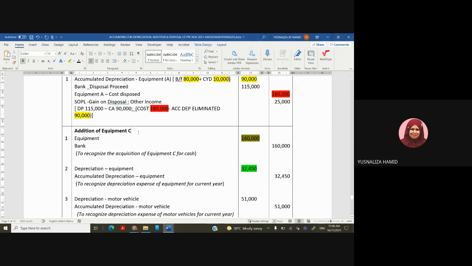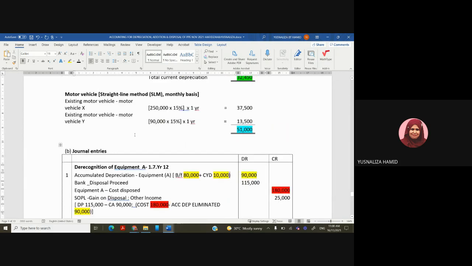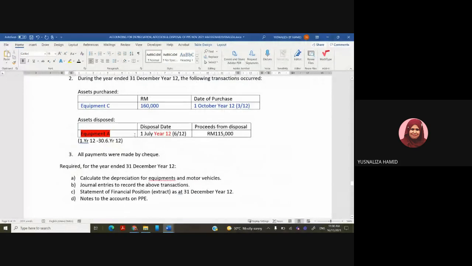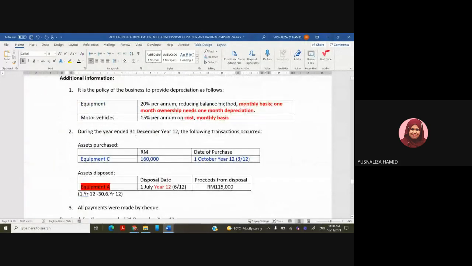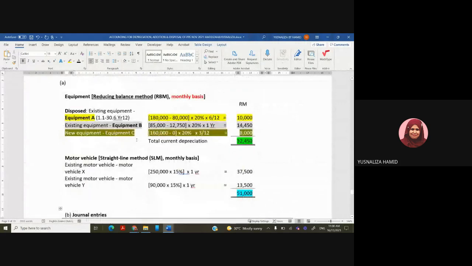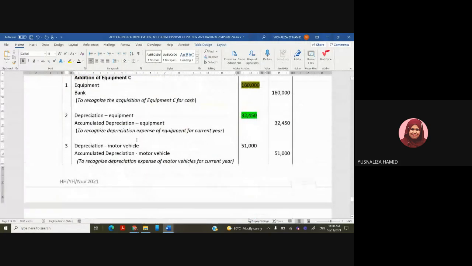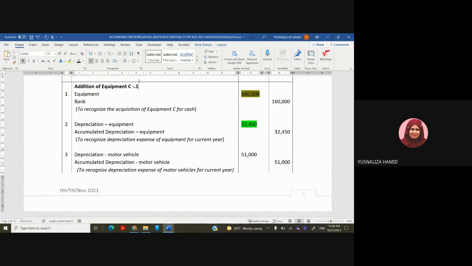Now we go to the next one, which is the record for the addition of equipment that happened. When was it? On 1st of July? No, that was on 1st of October. This is on 1st of October, year 12. So these are to recognize the acquisition of equipment C. So record that.